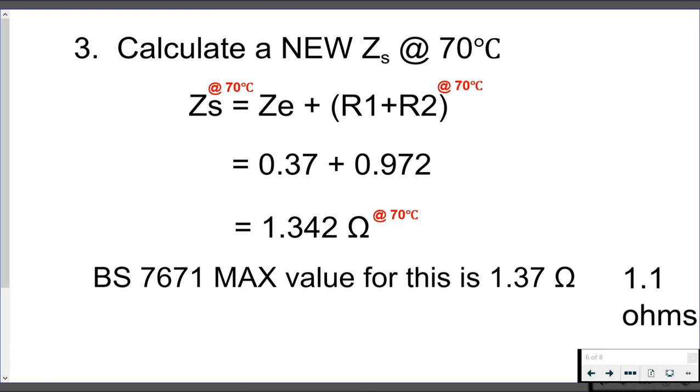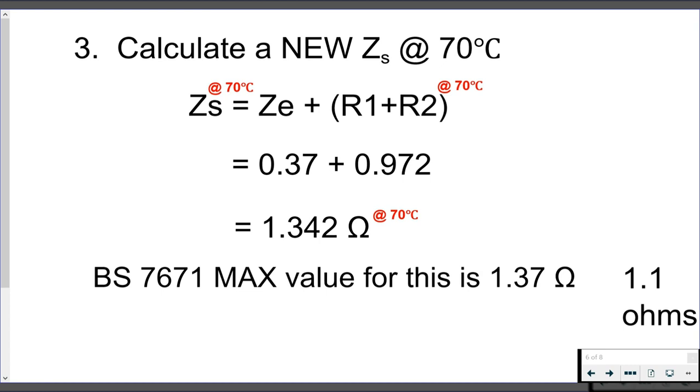But you'll see here, we are looking for the difference between the 70 degrees C max rating of that cable and its measured 20 degrees C. So 70 minus 20 gives us 50 degrees C. We take that 50 degrees C and multiply it by the 0.004, and that gives us a correction factor of 0.2.